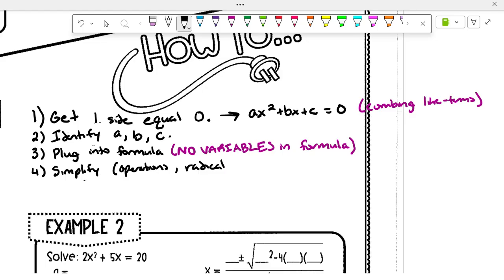We will review how to simplify a radical as well, because there is a radical in the formula. It's that square root. Sometimes you have to simplify because I want exact answers, not rounded. And then you have to simplify some fractions, because there is a fraction bar, and sometimes it doesn't compute prettily, so you would have to simplify it.